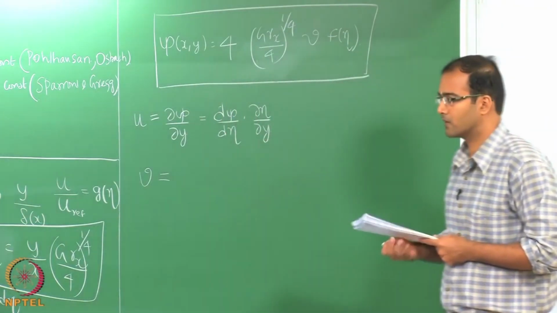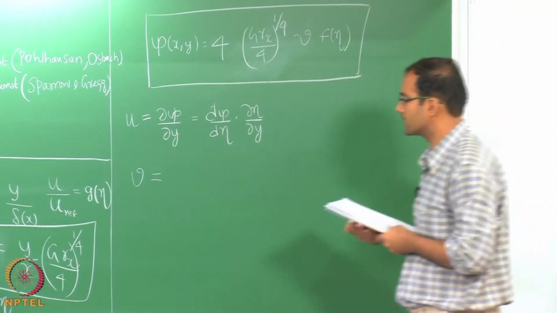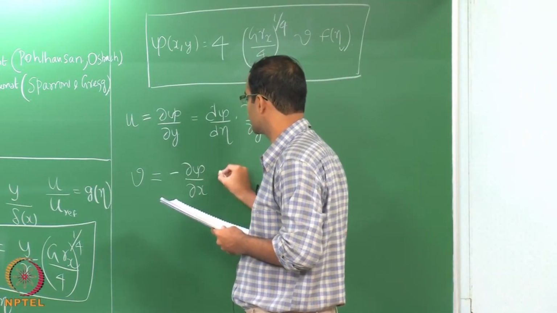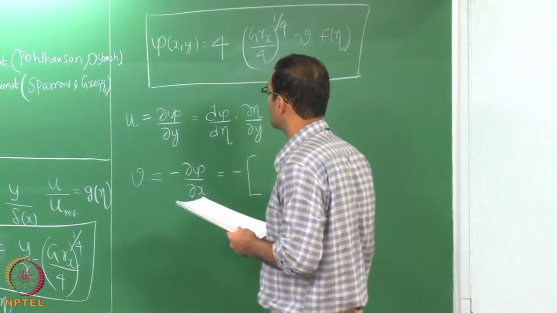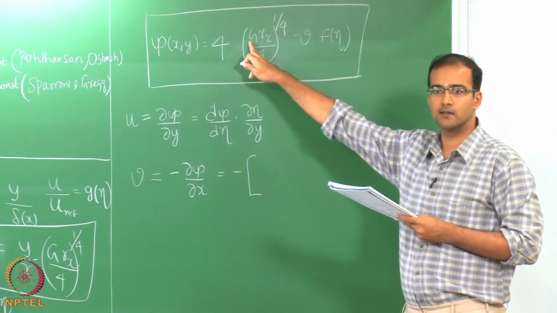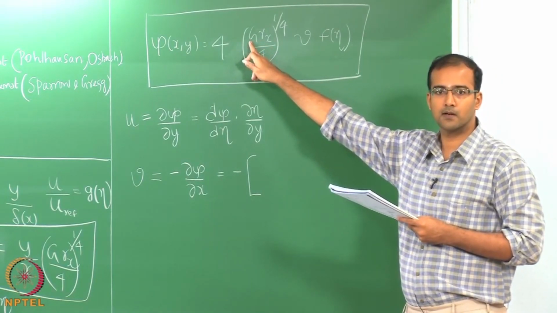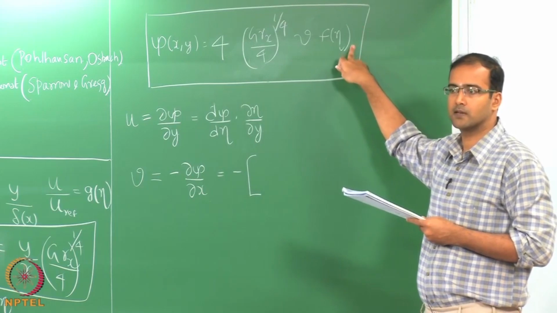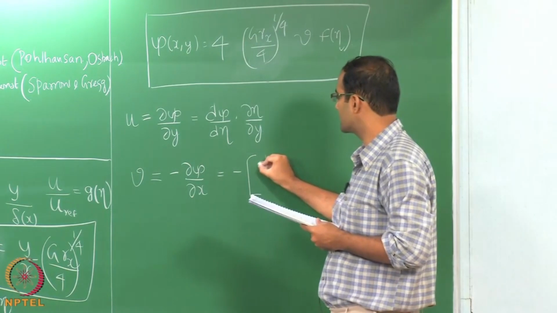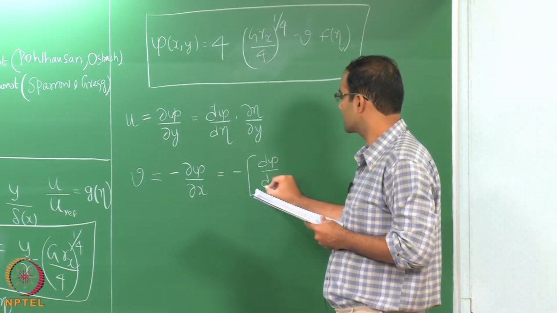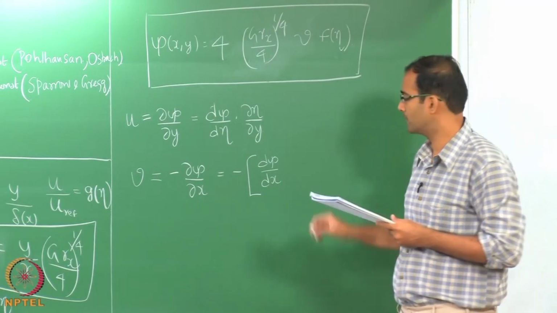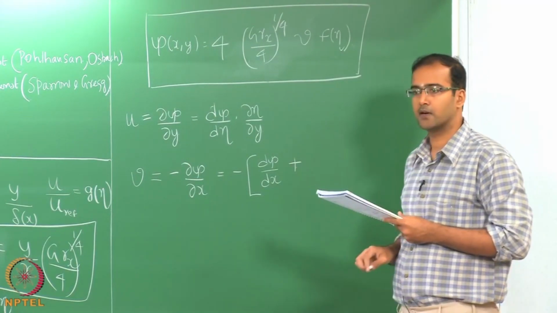Okay. So, same way we can also calculate the v velocity. How do we calculate v velocity? Now, v velocity is nothing but minus d psi by dx. Now, if you look at this, psi is directly a function of x, correct, through Grashof number, and also a function of x through eta. So, therefore, in this case we can write this as d psi by dx, this is your normal derivative with respect to x, plus it is a function of x through eta.